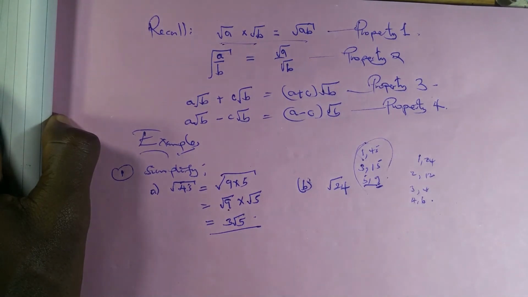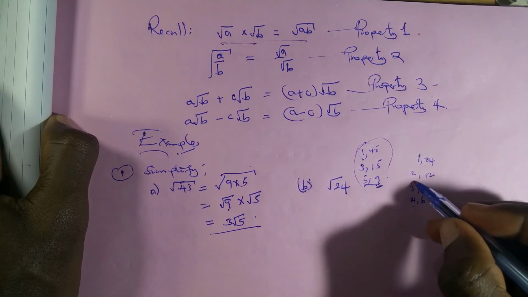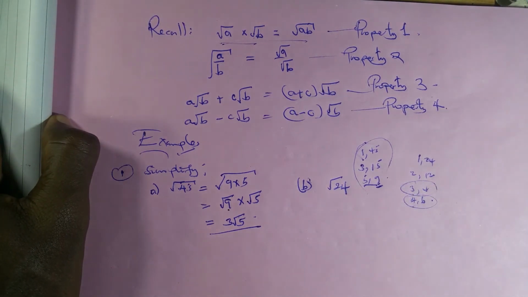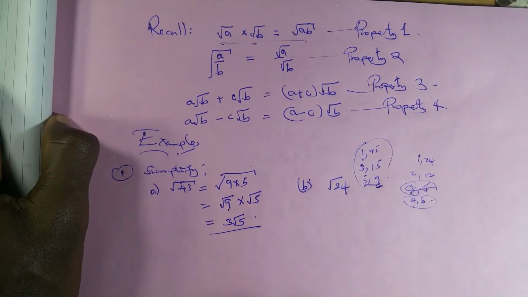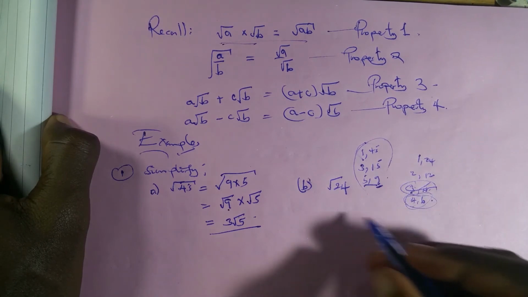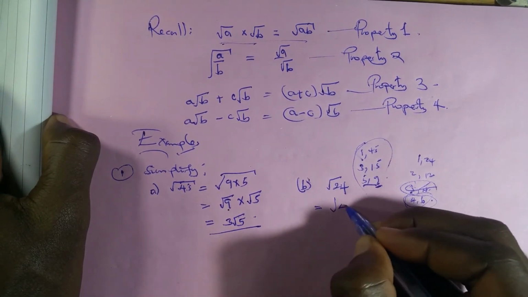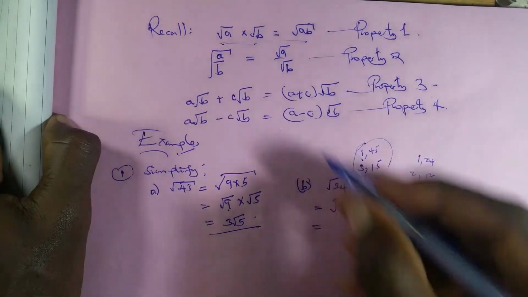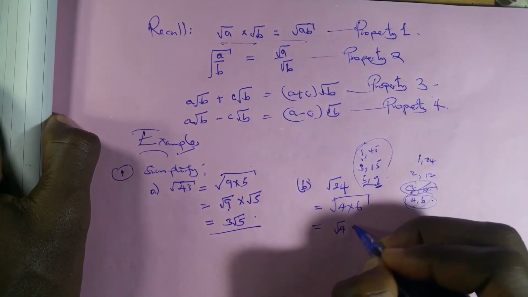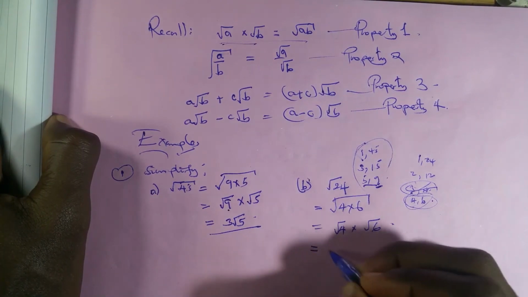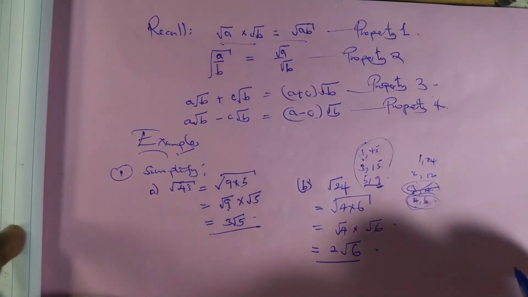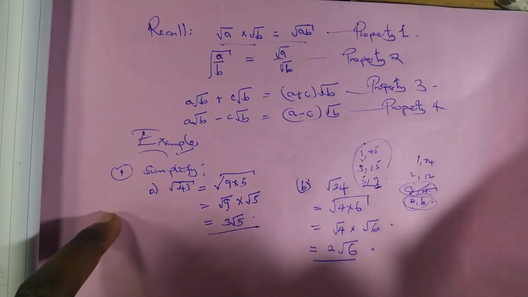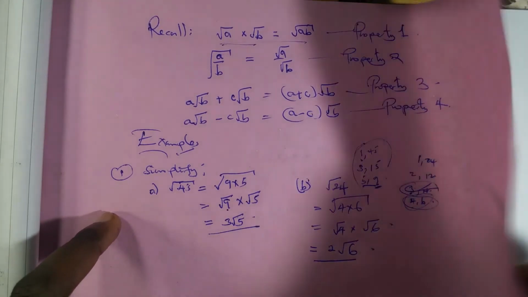We look for a square. We have 4 here. So this can be expressed as 4 times 6. Applying property 1, it is root of 4 times root of 6. What do we have? We're going to have 2 root 6. That's how we can simplify that. So you look for the factors of that number, numbers that multiply themselves to give that number.